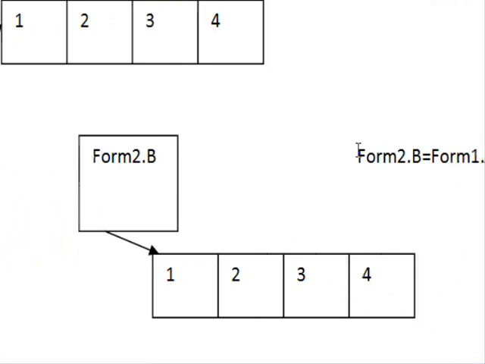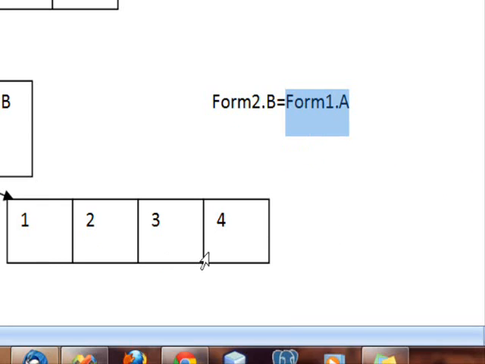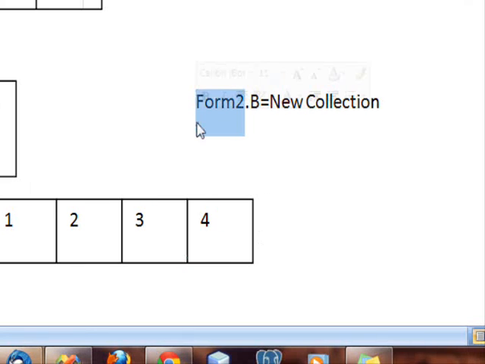Okay, so how do you do that? Well, it's simple. First, you create a new collection. So this one's gonna be like this. Now you just created a new collection. Next step is just a for loop. For I equal 1 to a dot count, and next.